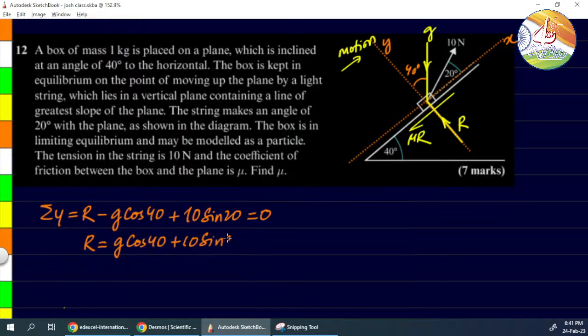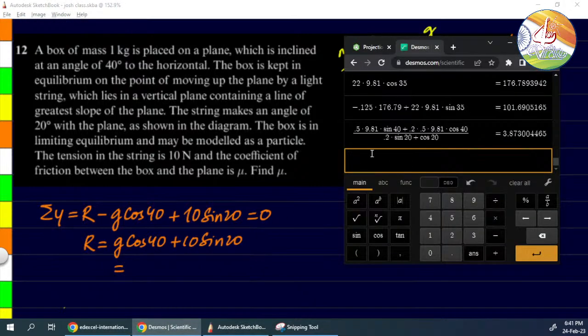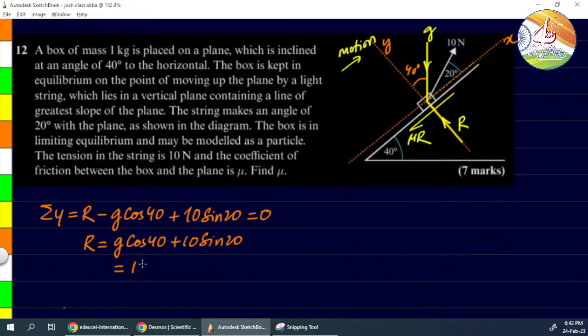With g as 9.81, cos 40 plus 10 sine 20 gives 10.94 newtons.